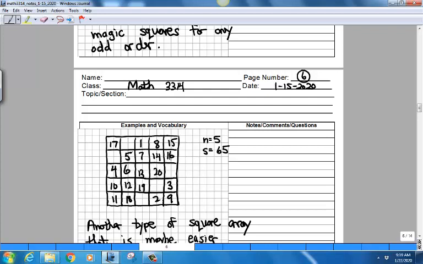Now, where does the 21 go? Because I can't use this one. Under the 20. So the 21 goes here, and then the 22 goes there, and then where does the 23 go? Over here. And then there's the 24, and I can't fill in there, but where does the 25 go? Right here. Ah, there you have it.